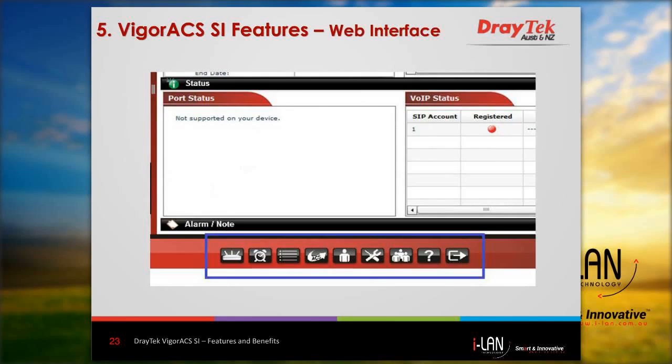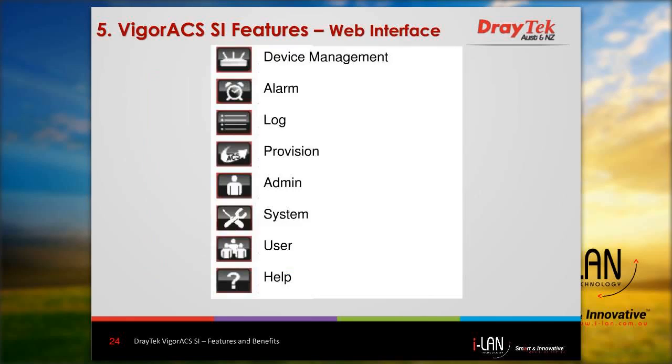These are shortcuts to the main functions within ACS SI. Each icon performs a certain function: device management, alarm, log, provisioning, admin, user, and help icons. I'll go through some of these functions in the next few minutes.